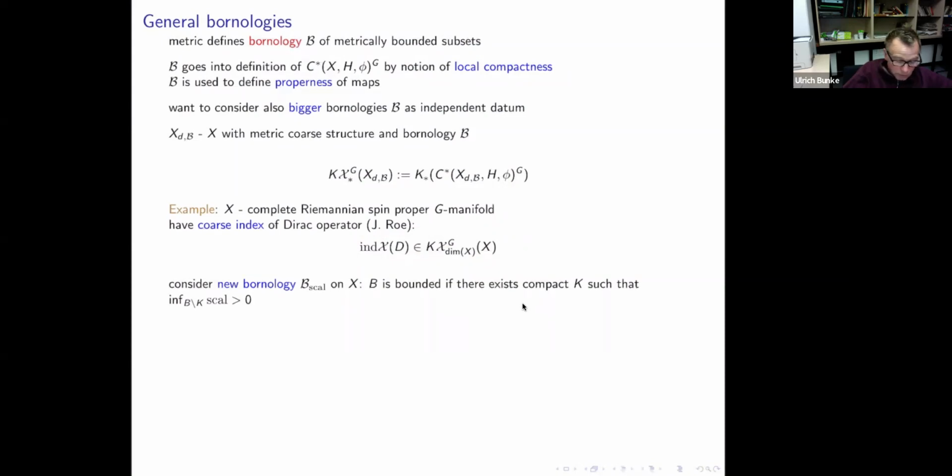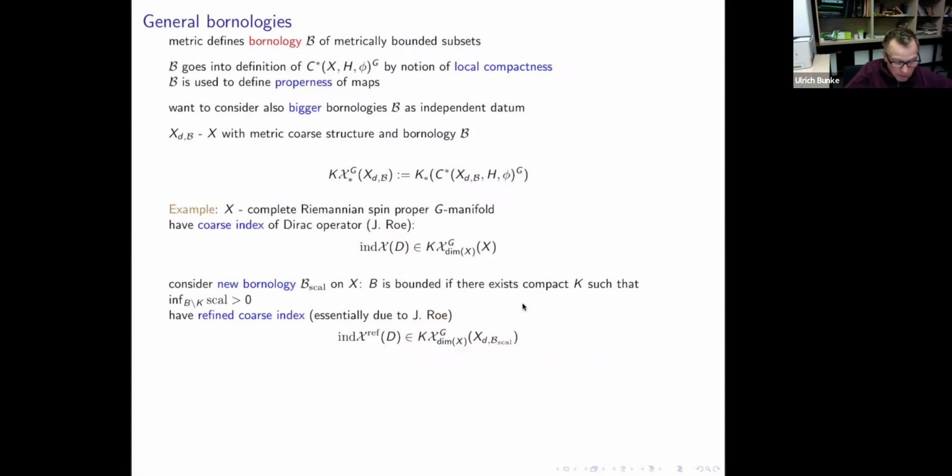It turns out that this coarse index of a Dirac operator is essentially localized away from the set where the scalar curvature is positive. This has been observed by John Roe. And so we can define a refined coarse index, which is now in this K-homology group, which takes the bornology determined by the scalar curvature into account.